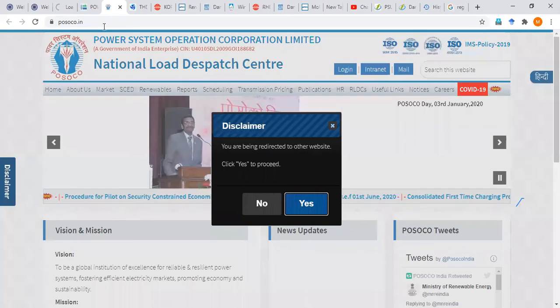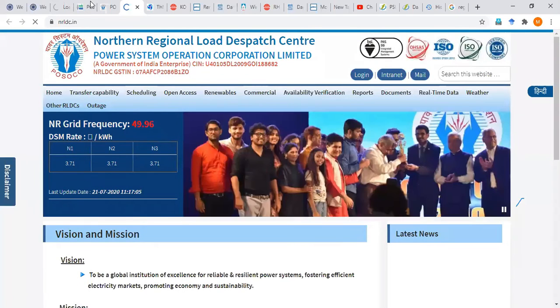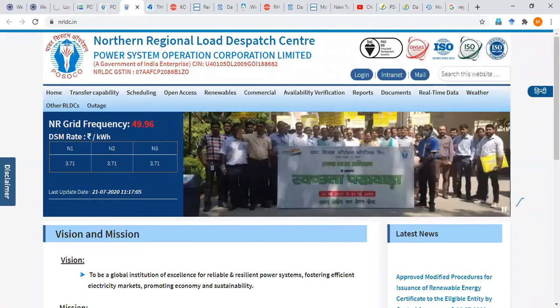Okay. So on a continuous basis, power is exchanged within the different regional load dispatch centers as per the requirement of load and the demand of a particular region.